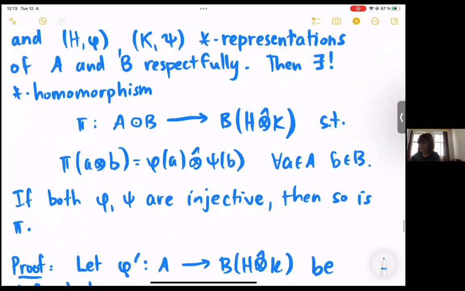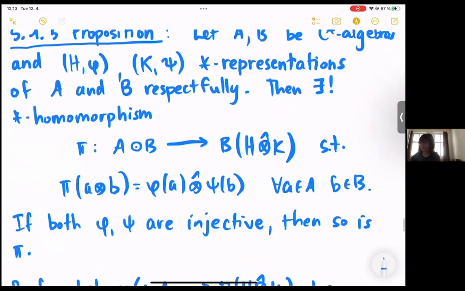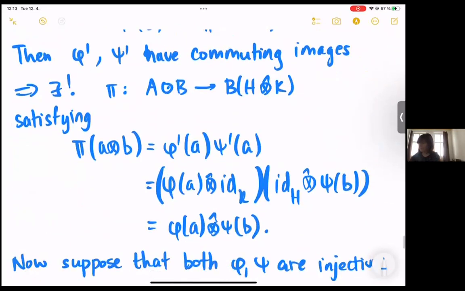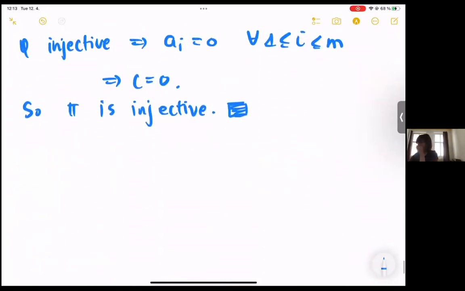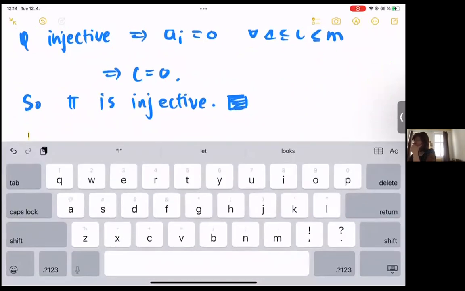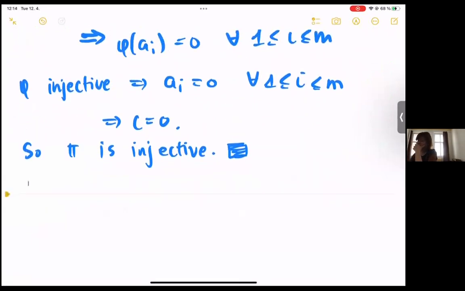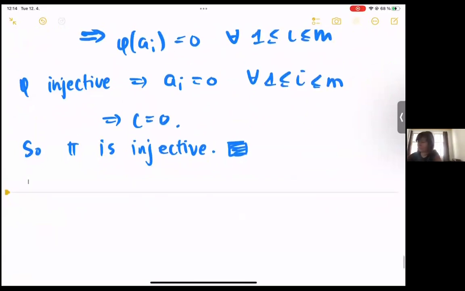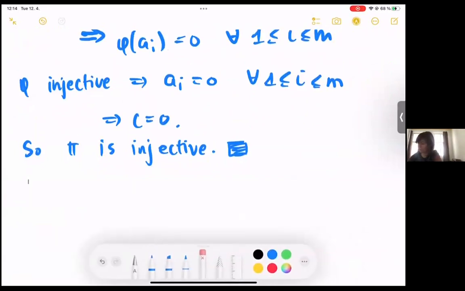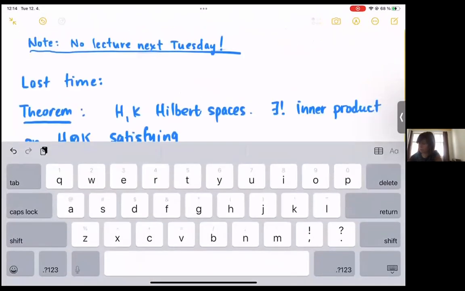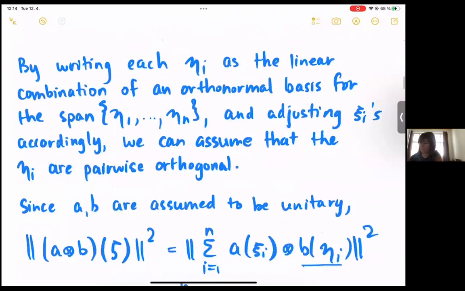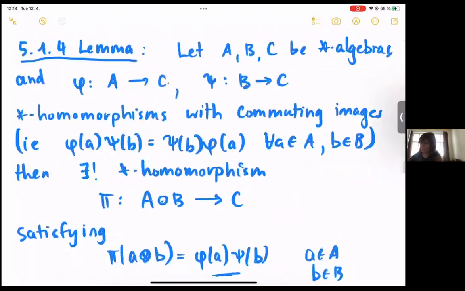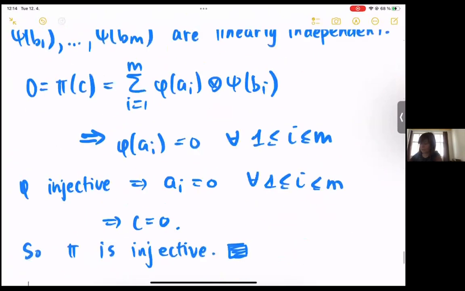But in any case, if we have two injective, so faithful representations, which means that phi and psi are injective, then we can use this to define a norm on the tensor of A and B by just taking the norm from this Hilbert space.